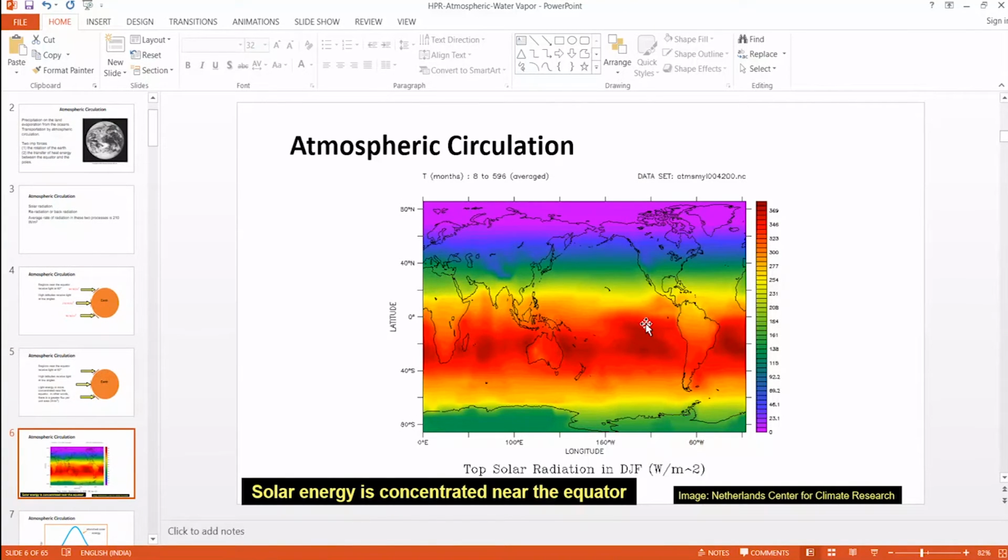So you can see that these are the contours of solar energy on Earth's surface. This is the equator region where the maximum solar energy is concentrated, whereas on both sides of the equator, towards the poles, lesser solar energy is transferred.